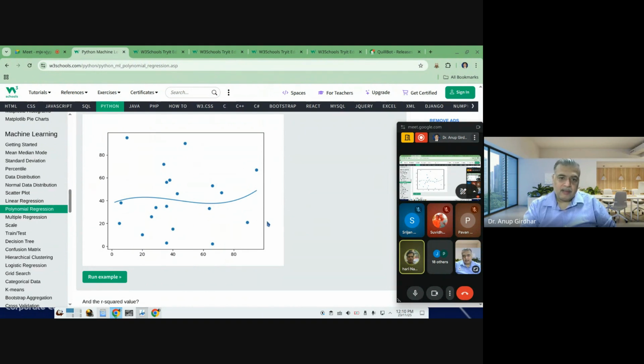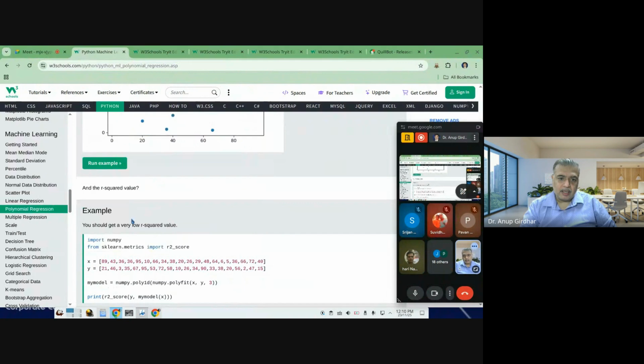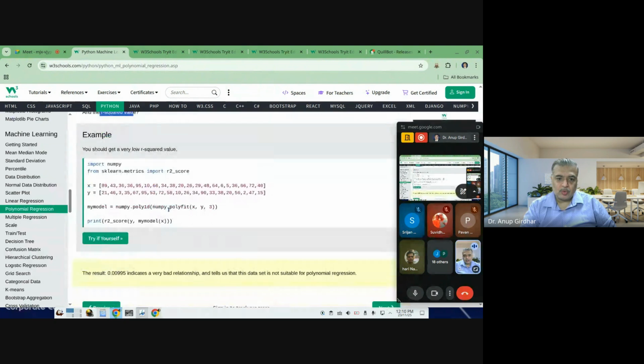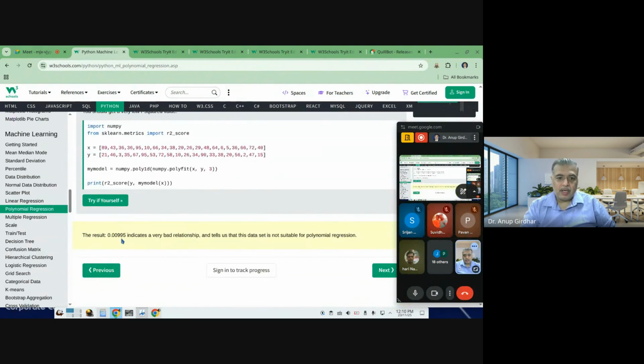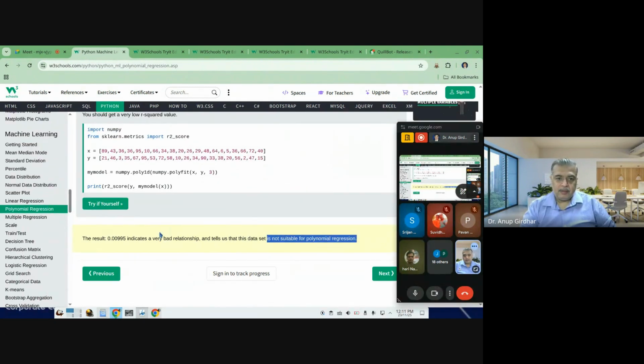There is a concept of R squared value, so that we are able to figure out what the relationship of these values is, which is a bad data set. So 0.00, this is your R squared, right? That means it is a very bad relationship, and that is how you are supposed to identify it.